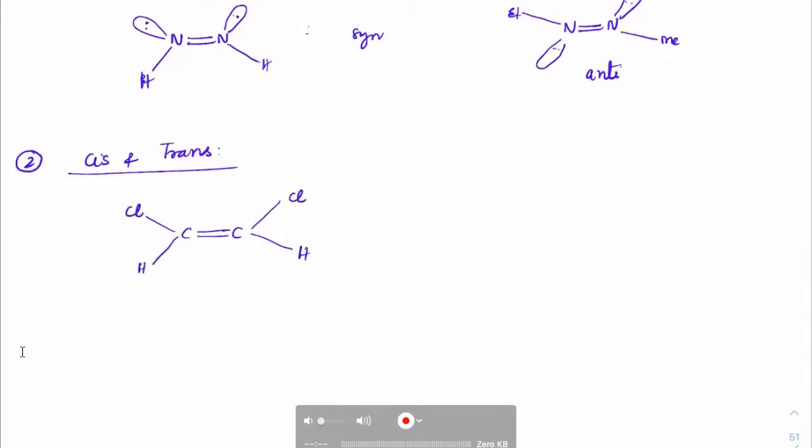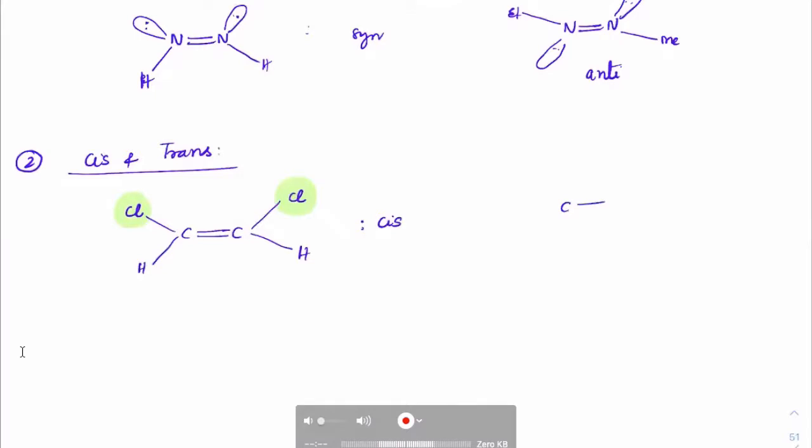In these cases, we will always check the more bulkier groups. Here, even if you check the less bulkier group, it will give the same result. But you can see both bulkier groups, chlorines, are on the same side. So what do we call them? This is called the cis isomer.